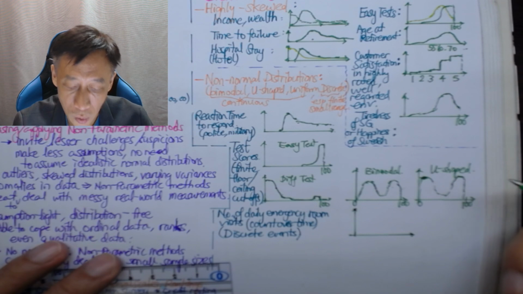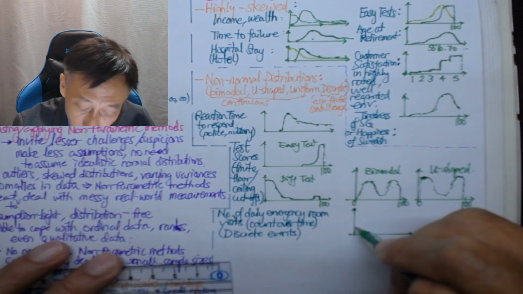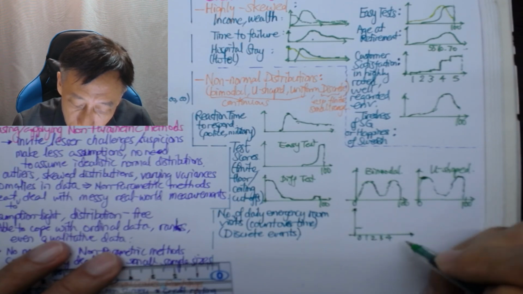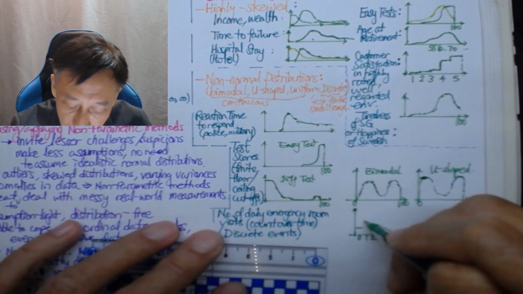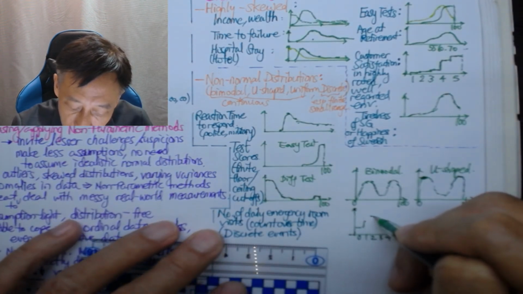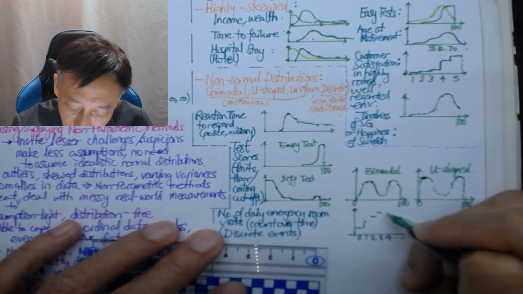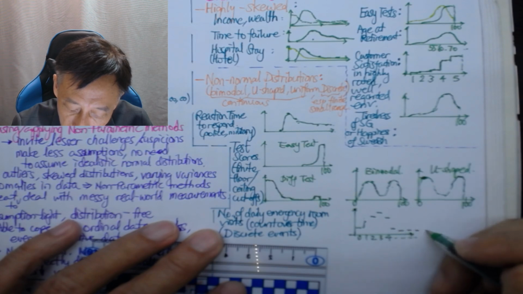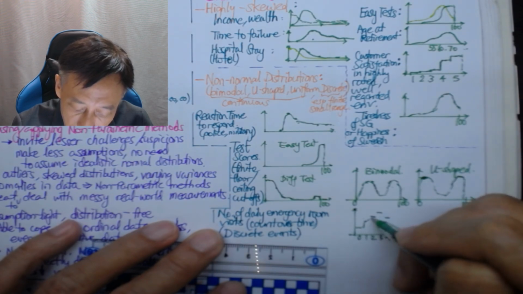So all these are calls. For the Poisson distribution, it is 0 calls, 1 call, 2 calls, and so on. And can it be infinity? Potentially yes. Then it tapers down very rapidly, and there's a long tail behind.